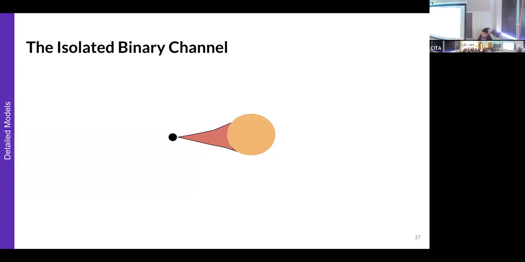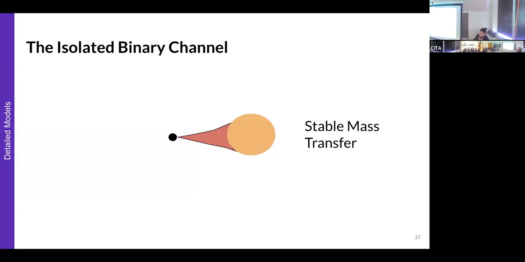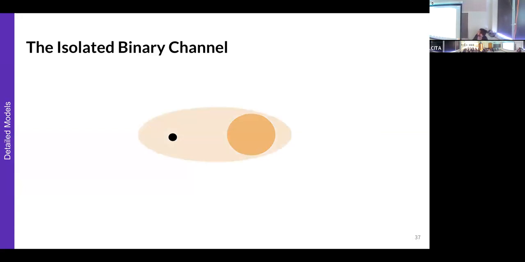or maybe it's what's called stable mass transfer, where it's a stable process, or it could be that the mass transfer starts happening onto the black hole so fast that the black hole can't actually eat up that mass fast enough, and it all just starts turning into a massive envelope around the star and the black hole.